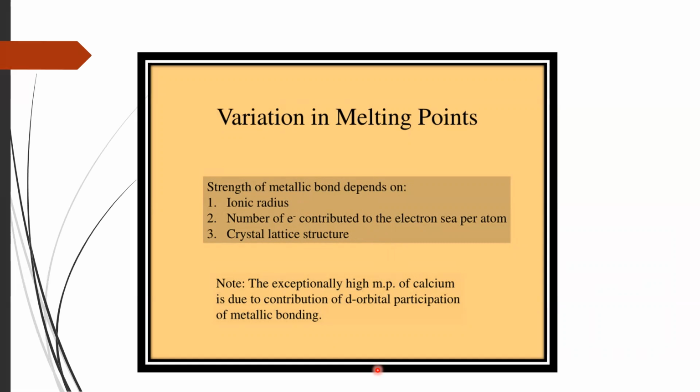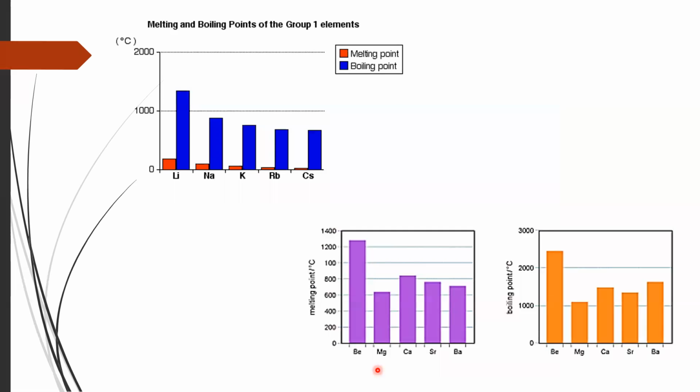You can compare one more time: calcium is higher than magnesium. And why is beryllium so high? Beryllium has a smaller size and a diagonal relationship. It shows anomalous behavior compared to the other group 2 elements.